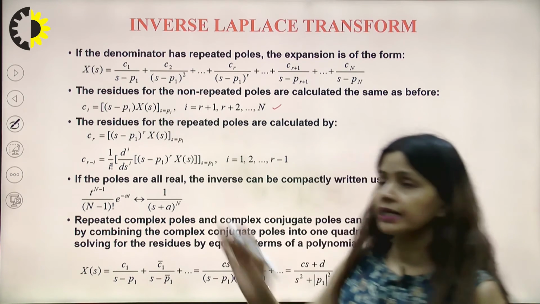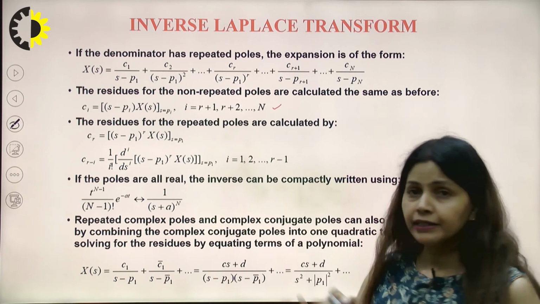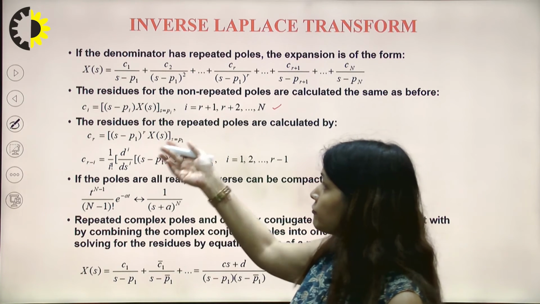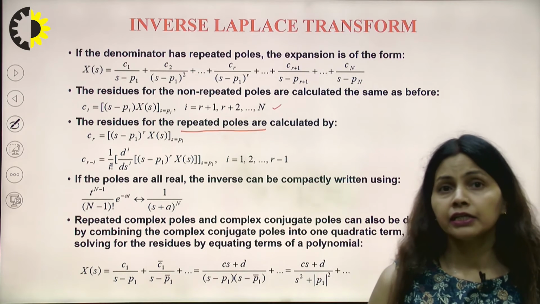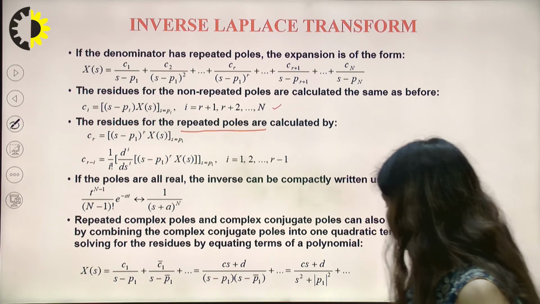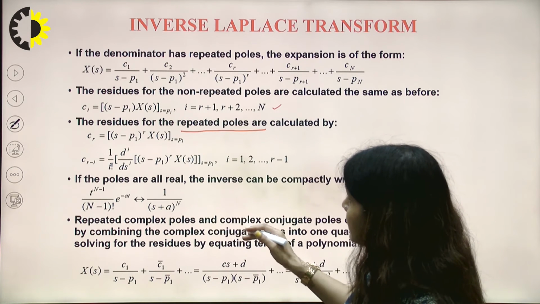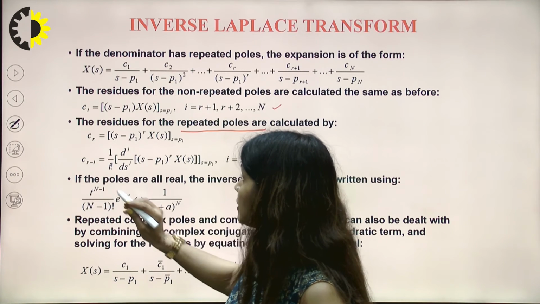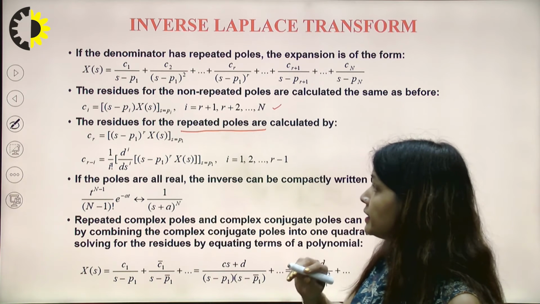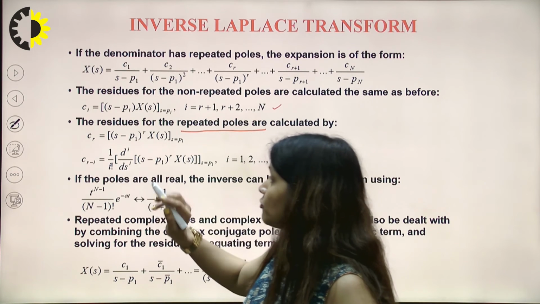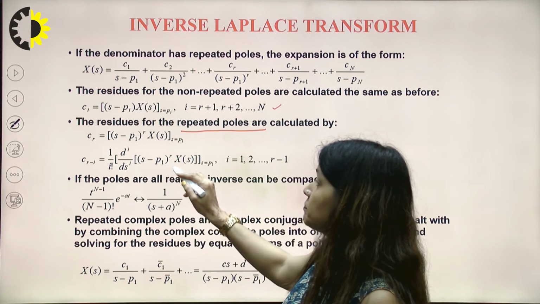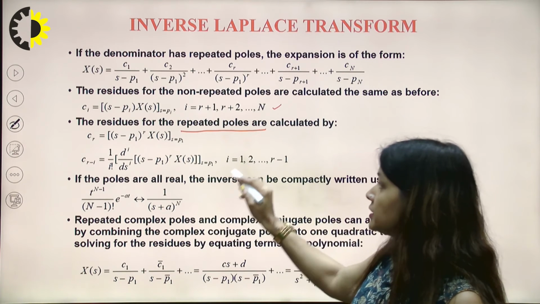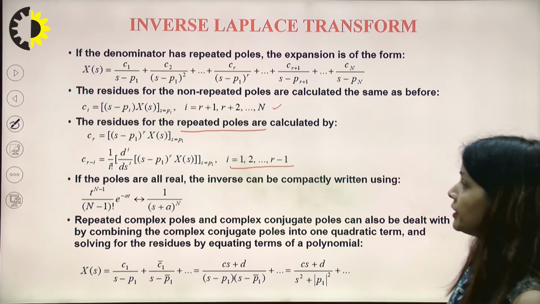(s minus Pi) X(s) at s equal to Pi, for whatever value of i, whatever number of poles we are having. And in the third case, where the poles are repeating, the residues will be calculated as C(R minus i), that is 1 upon factorial i, d^i upon ds^i of (s minus P1) raised to the power R times X(s), at s equal to P1, for i equal to 1 to R minus 1.